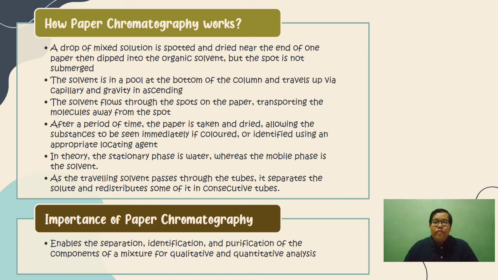As the traveling solvent passes through the tubes, it separates the solute and redistributes some of it in consecutive tubes. It is followed by new solvent as it travels, and the procedure is repeated. Since thousands of tubes are used, a large number of partitions develop, and tiny changes in partition coefficient between various solutes in a mixture result in excellent separation in chromatography.